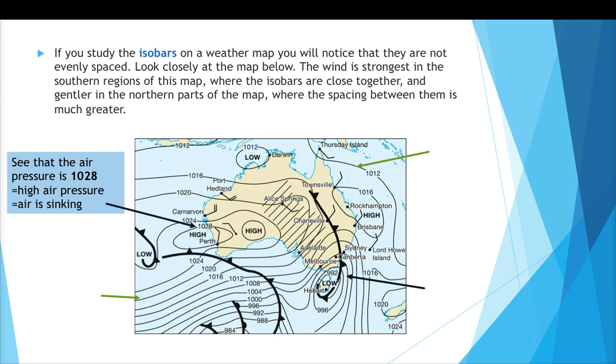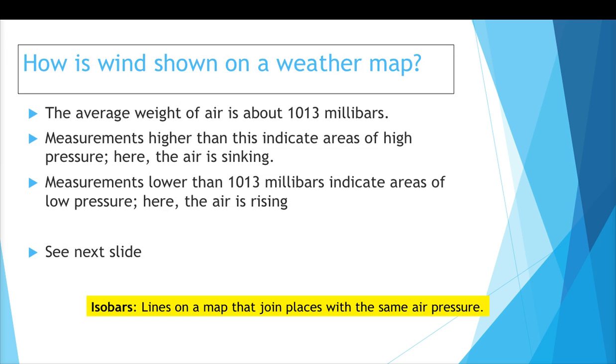Can you see there that the air pressure is 1028 in Perth? That equals high air pressure, so the air is sinking. Remember this slide?